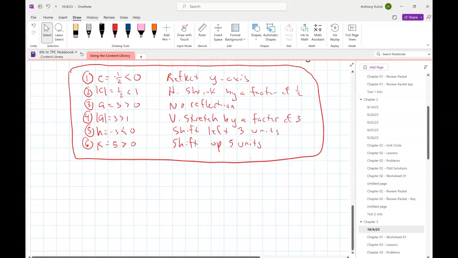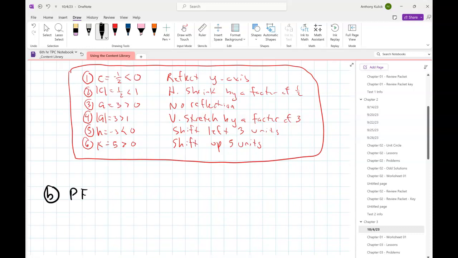Let's do a similar type problem. But this time our parent function is going to be y equals x cubed, and our resultant function is y equals (2x plus 1) cubed plus 4. So here, I can see that my f of x is x cubed, right?